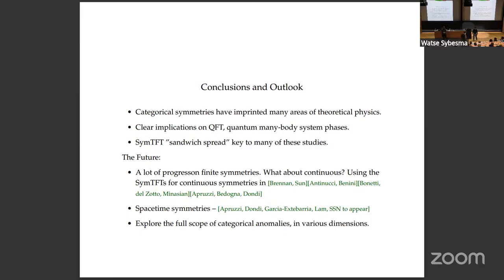Can you just comment on the challenges in extending to continuous symmetries? Well, the first question is how are you gauging? Are you gauging flat, or with actual dynamical gauge fields? Here we're just writing down BF theories for continuous symmetries. And that's been done also in these papers here, again by Nicola, and also I think Nikhil is in the audience, who have written down the SymTFTs for internal symmetries, say, for a U1 or a non-abelian group.